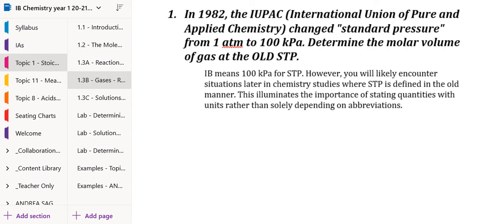Okay, so start with the ideal gas law. PV equals nRT.